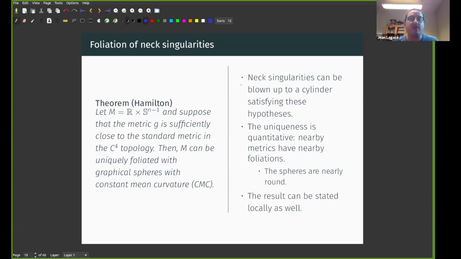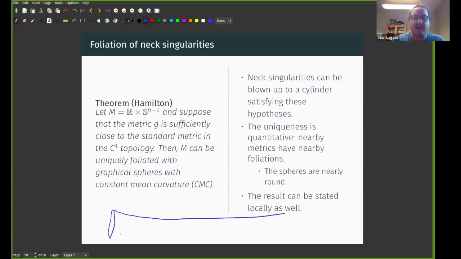You can make precise how much of a deviation from a round sphere any of these spheres have, and the result can also be stated in a purely local manner. So I don't have to have the whole of R cross S^(n-1). I can have a large cylinder, and this result will also apply.